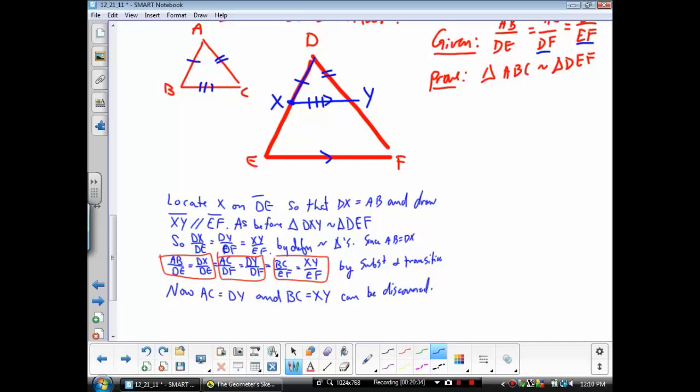And again, because these two triangles are congruent, and since DXY is similar to DEF, ABC will have to be similar to DEF. So triangle ABC is similar to DEF by a substitution of congruence.